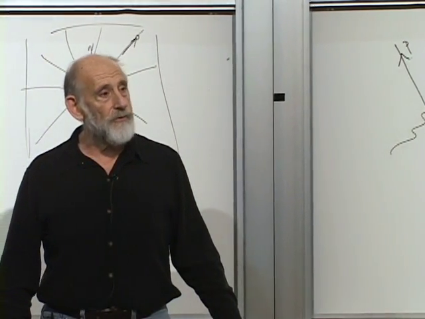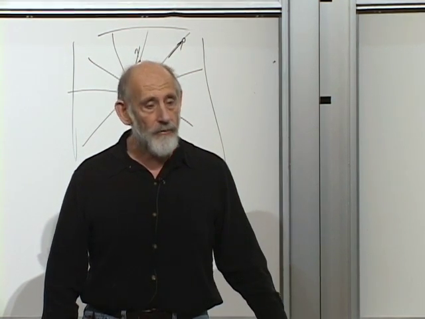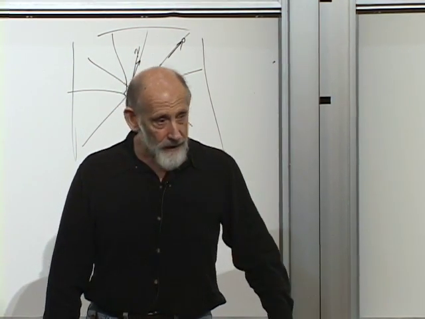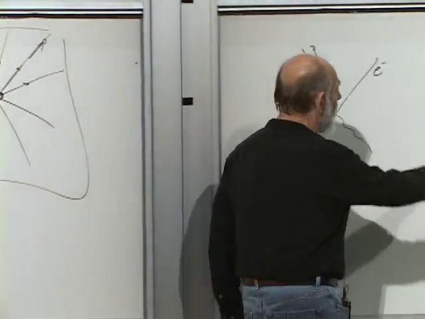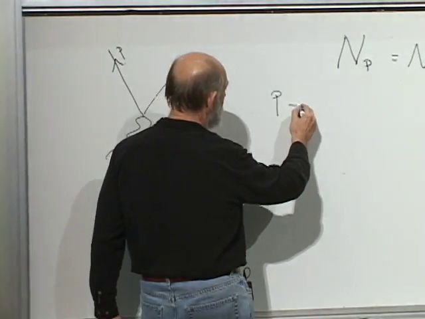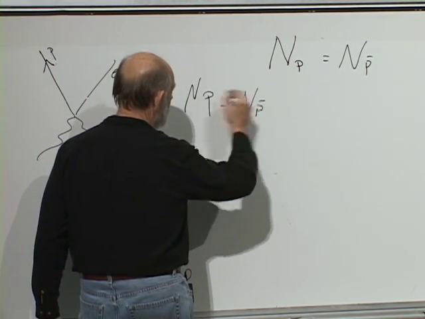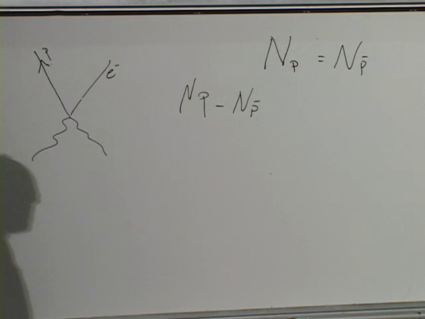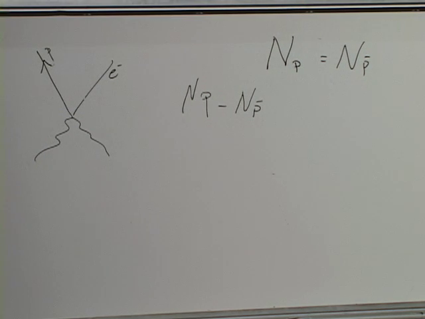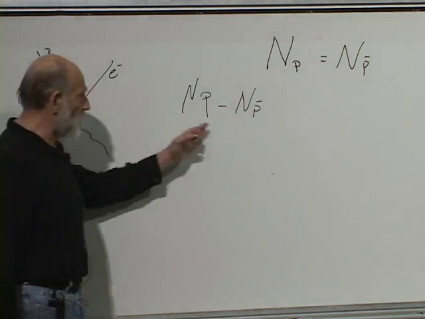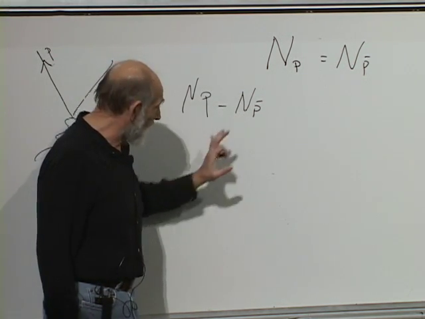In other words, it must violate a rule called the conservation of baryon number, which is basically the conservation of the number of protons minus antiprotons. The conservation of that quantity in the Standard Model of particle physics is a known experimental and theoretical fact.